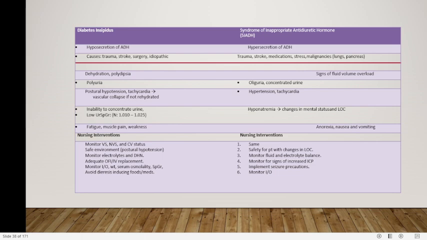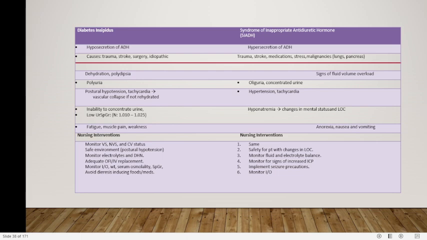The common causes of diabetes insipidus include trauma, stroke, surgery, and other idiopathic causes. Similarly, syndrome of inappropriate ADH normally results from trauma, stroke, stress, malignancies, especially those of the lungs and the pancreas, which are likely to result in excessive ADH production.